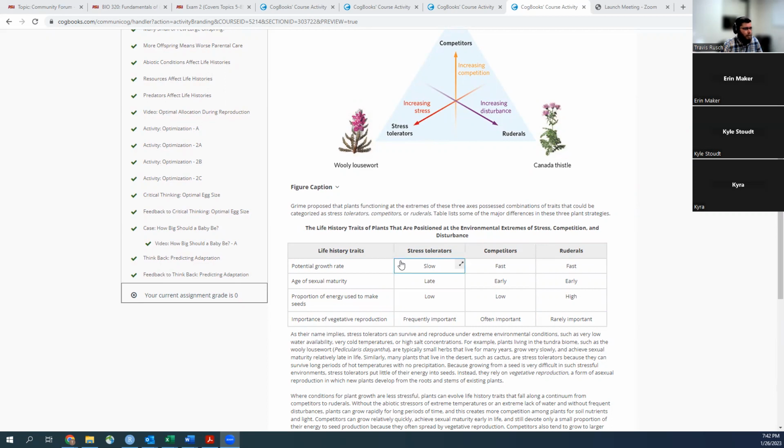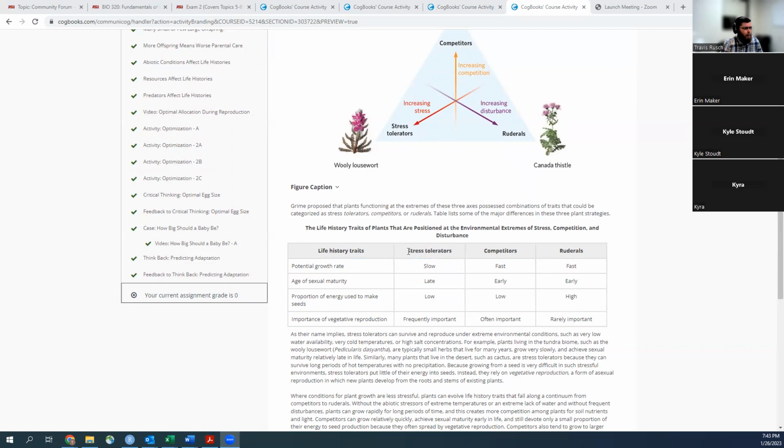So it tells us what stress tolerators do in these four: potential growth rate, age of sexual maturity, proportion of energy used to make seeds, and importance of vegetative reproduction. Knowing that, which one of these would have a potentially slow growth rate might be a question.